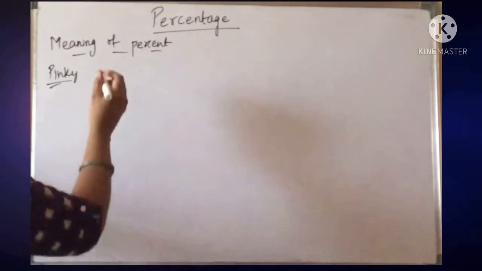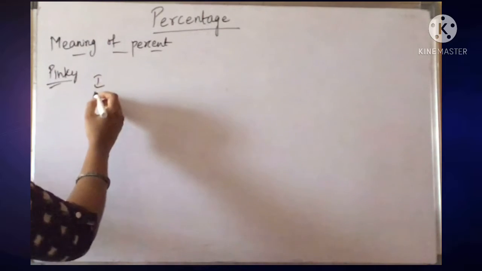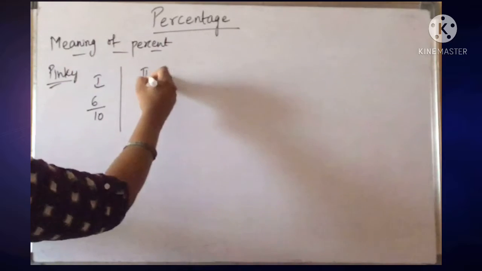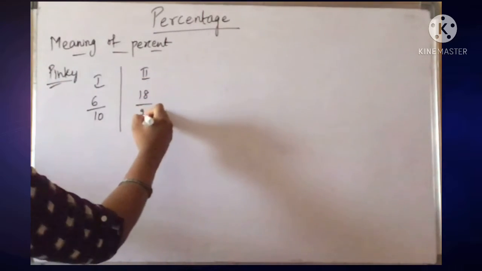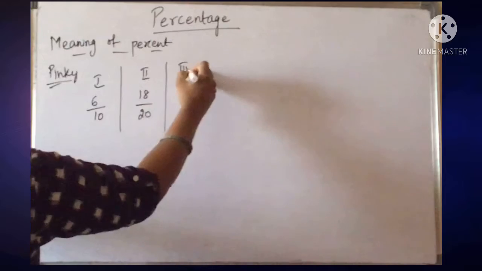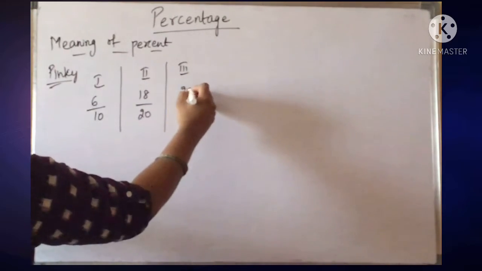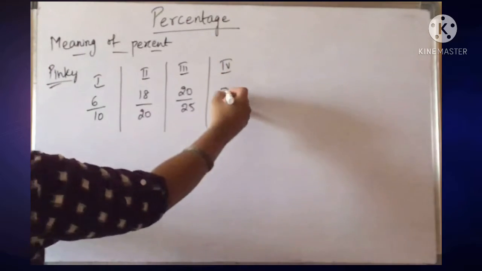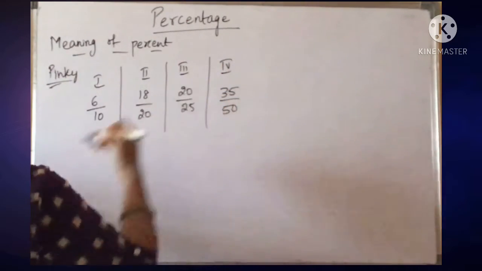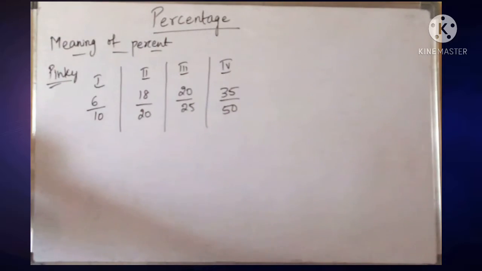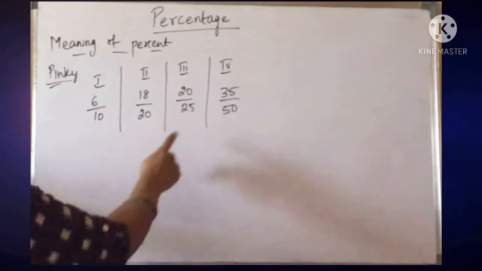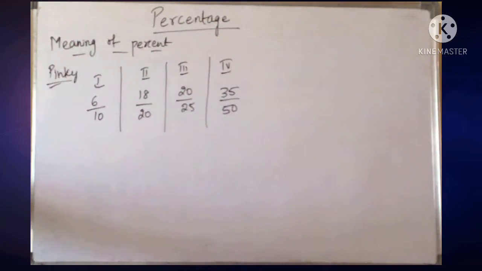In the first test she got 6 out of 10, in the second 18 out of 20, in the third 20 out of 25 and in the fourth 35 out of 50.